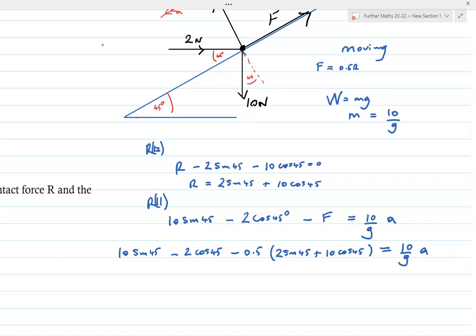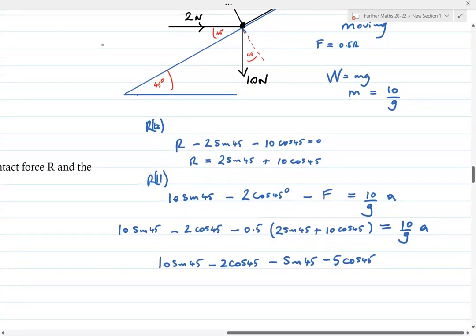So let's do a bit of simplification of this. 10 sine 45 minus 2 cos 45 times by 0.5, that's minus sine 45 minus 5 cos 45.